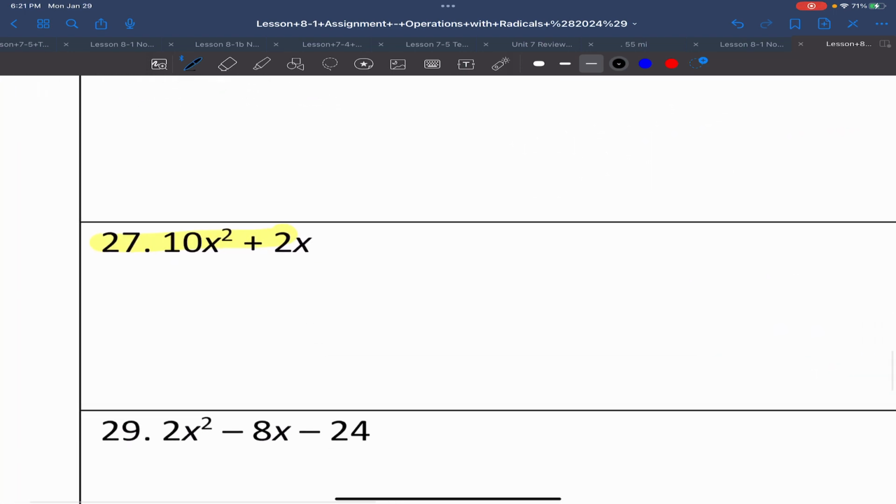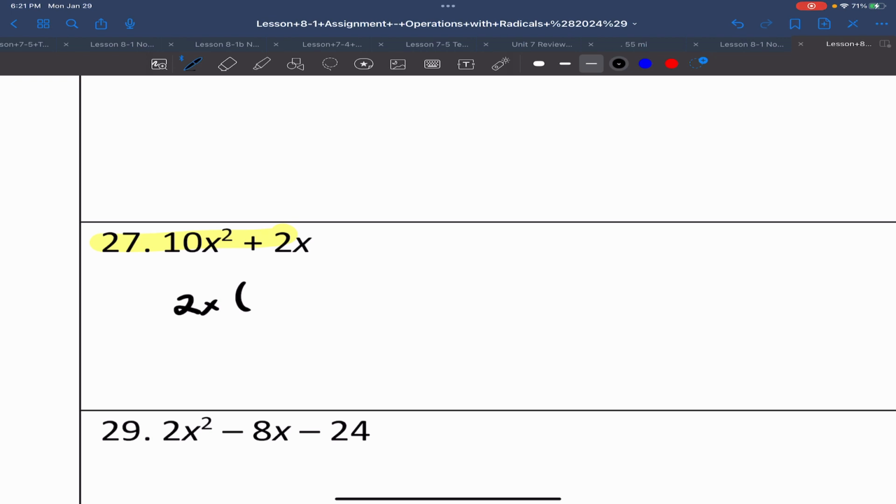Number 27, okay, so I have two terms. Ask yourself, do we use difference of two squares or GCF? Here I'm thinking GCF. Why? Because what number goes into 10 and 2 at the same time? 2, and what else are we forgetting here? Well, they both carry an x, so I'm going to factor that x out.